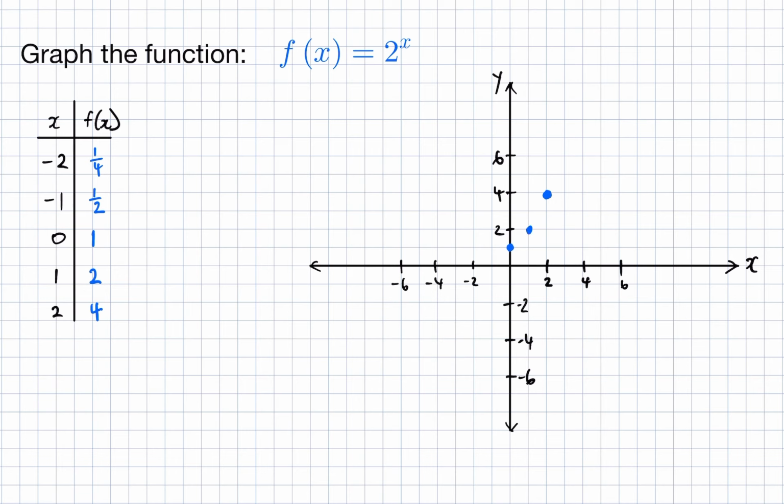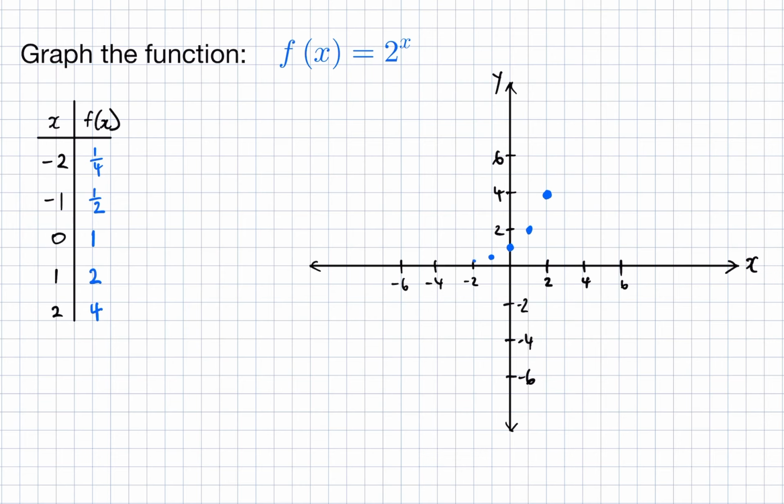Now let's go to the opposite direction, to the negative. When x is -1, my y is 1/2, so that puts us right about here. That's -1, 1/2.